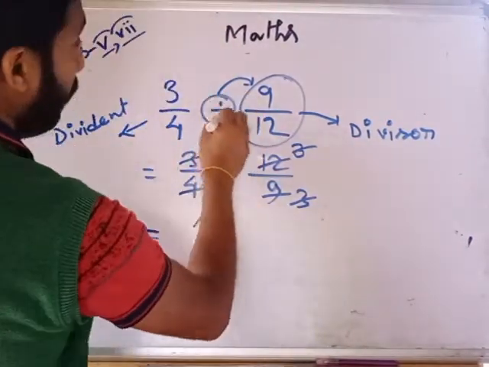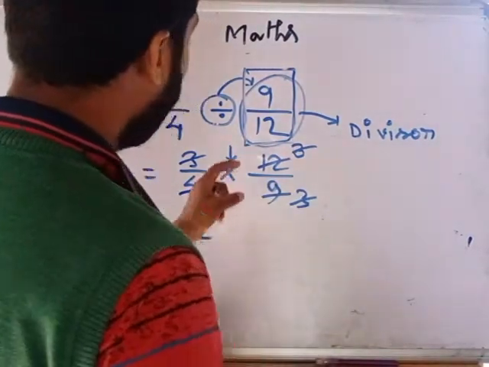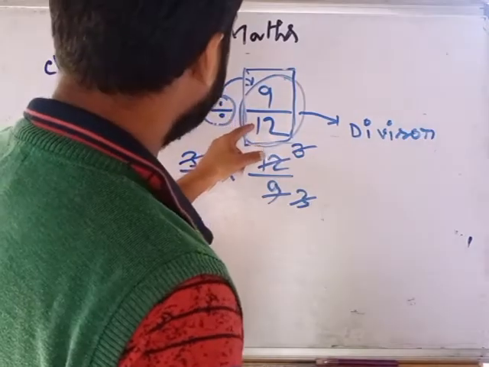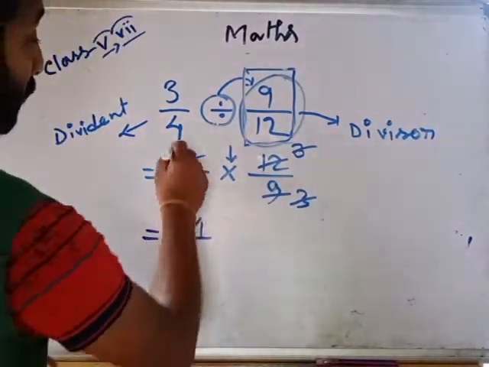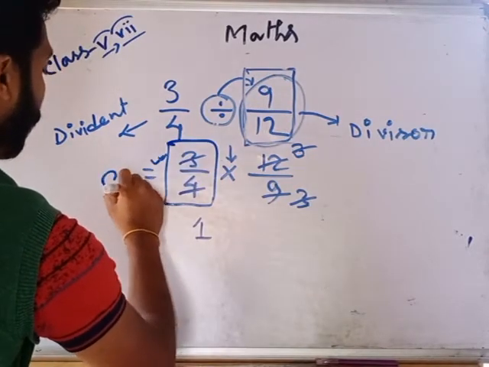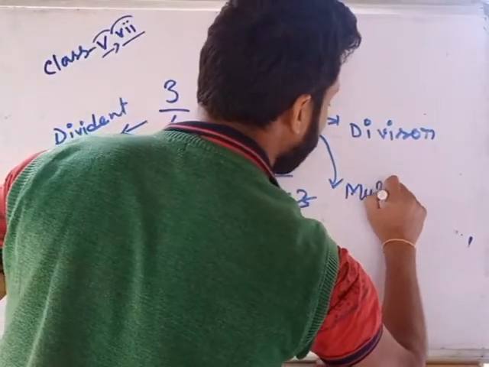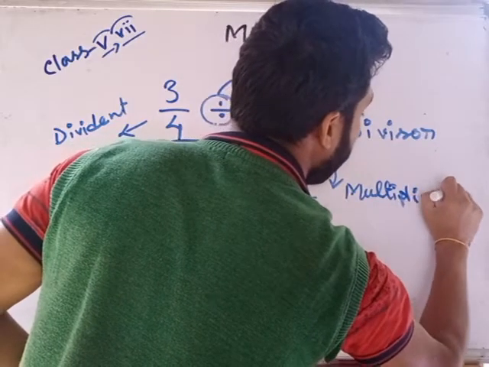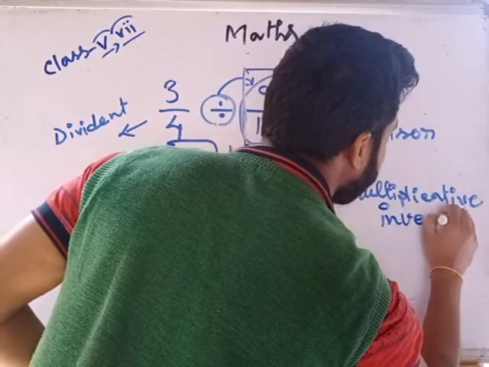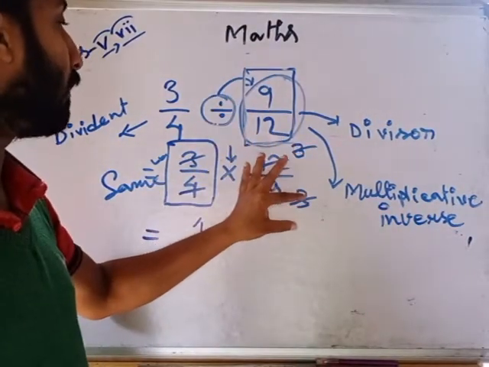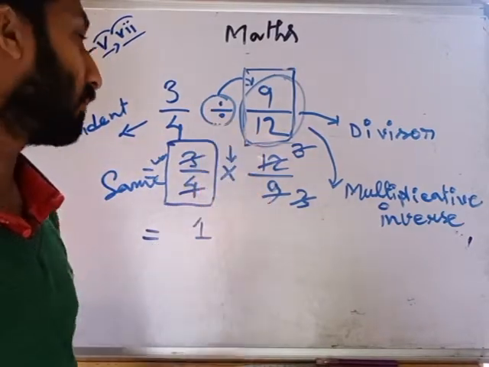When it is division time, the divisor will be converted into a multiplicative inverse, or a reciprocal. That means the numerator goes into the denominator and the denominator goes into the numerator. But the first number, the dividend, is the same. The divisor becomes a multiplicative inverse, but the dividend stays the same every time when it is division.